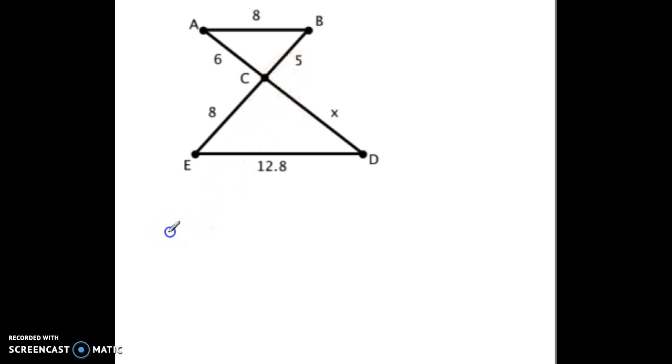So I know I'm going to need an X, and I'm going to go with this 8 right here as the other corresponding side.